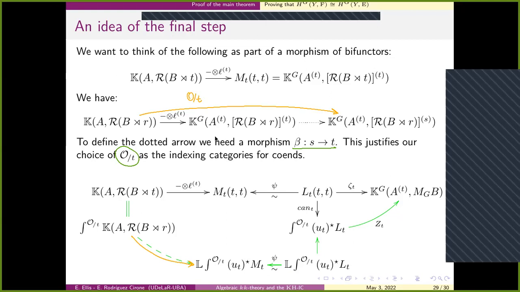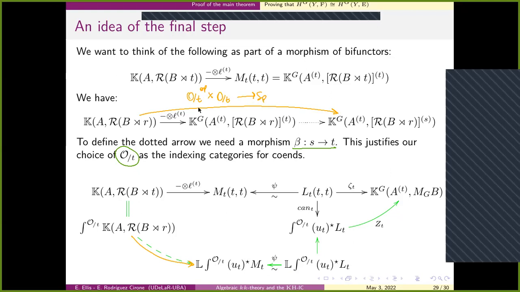So for each fixed T, we have a bifunctor on the slice category, and we are taking the coend of that bifunctor.